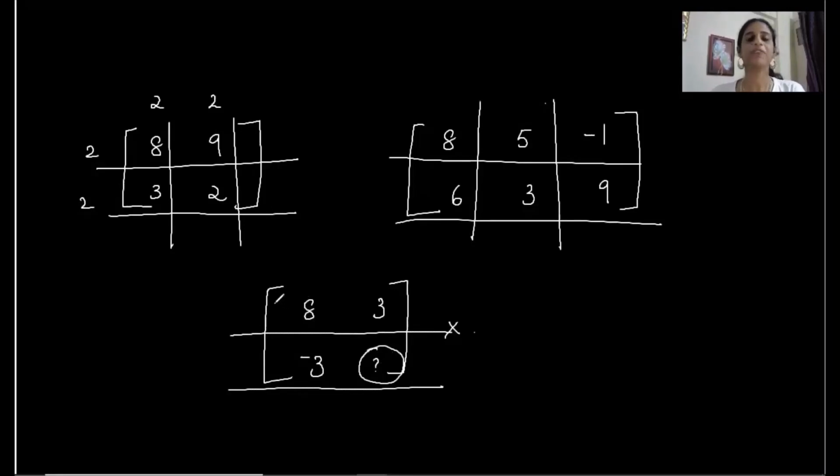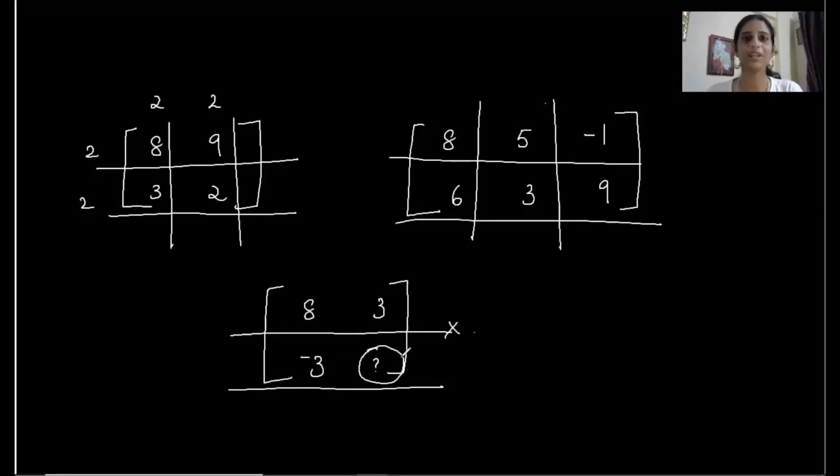So how can you define a matrix in terms of rows and columns? A matrix is a rectangular arrangement of rows and columns in which each row and each column must have an equal number of elements. See, in this example, the first row has 2 elements, but the second row has just 1 element.